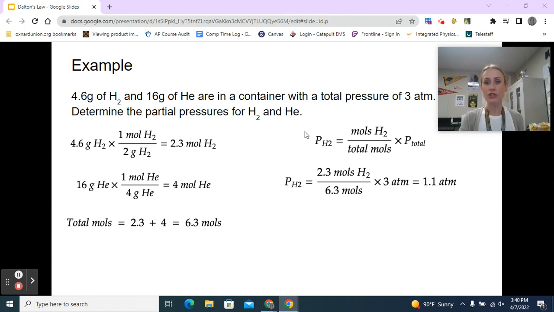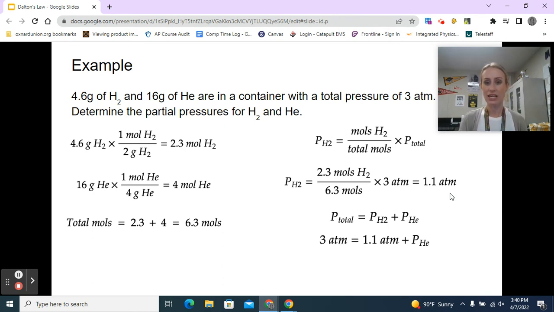Now we could use the same equation right here for the moles of helium. It would just be 4 over 6.3 times 3. We could also use just our Dalton's law. So this one right here, the total pressure will be equal to the partial pressure of hydrogen plus the partial pressure of helium. And so using this equation here, I know the total pressure is that 3 atmospheres, and then we just found our pressure of hydrogen, which is 1.1 atmospheres.